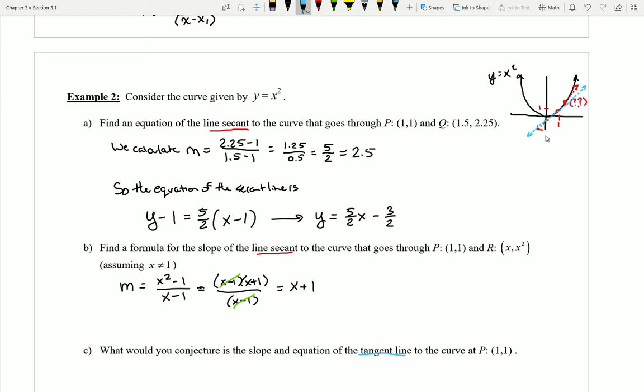And so what I kind of want is that it seems like if I could move this secondary point with the mystery coordinates, if I could slowly start to kind of move that towards the value of 1, my red line might slowly begin to line up with my blue line. We'll see how that works in some more examples in a second.